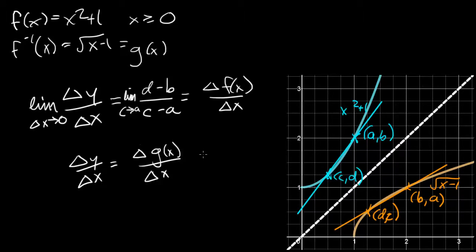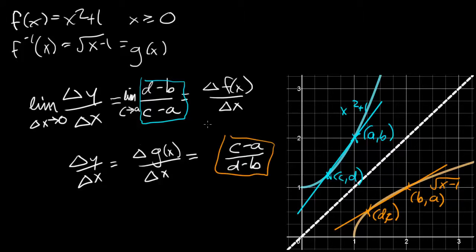And what's delta g of x? Well, that's, again, delta y over delta x. The y's, though, in this case are a and c. c minus a divided by delta x, and the x's are d and b, so d minus b. Do you notice what these slopes look like? Here's the slope for f of x, and here's the slope for g of x. They're reciprocals. That is, the slope of g of x is 1 over the slope of f of x.